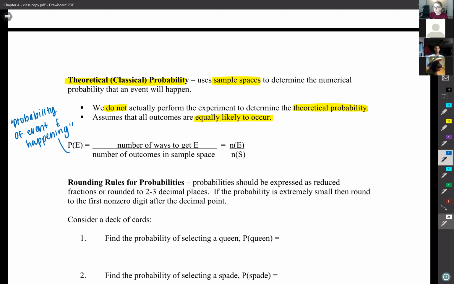P of E is defined to be the number of possible ways to get E over the number of outcomes in the sample space. We will do some examples, and I think that'll make more sense once you practice it.